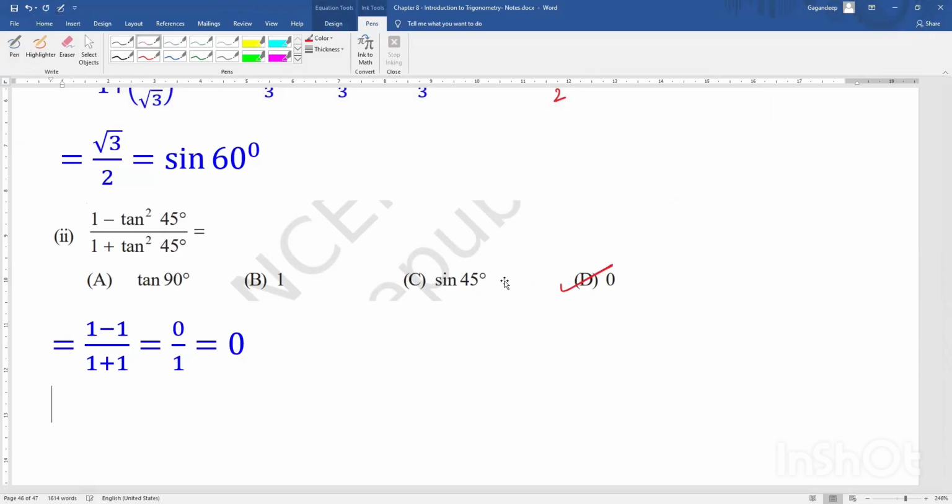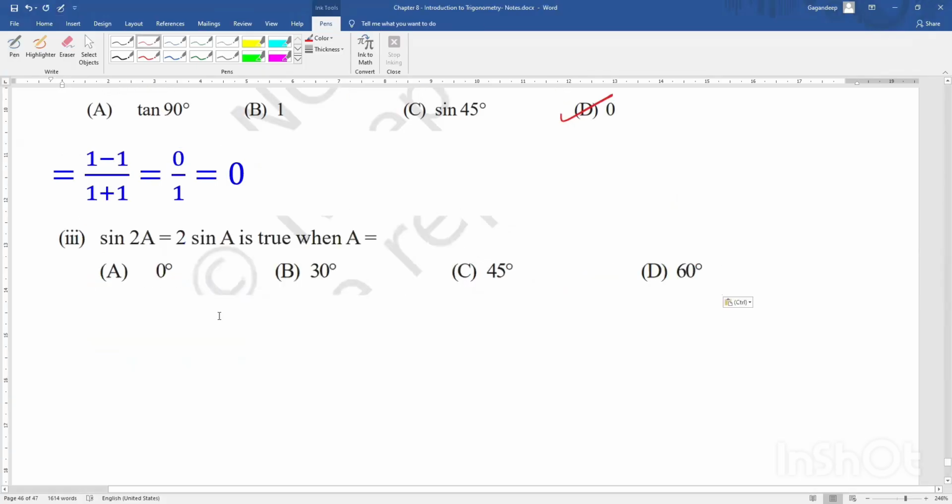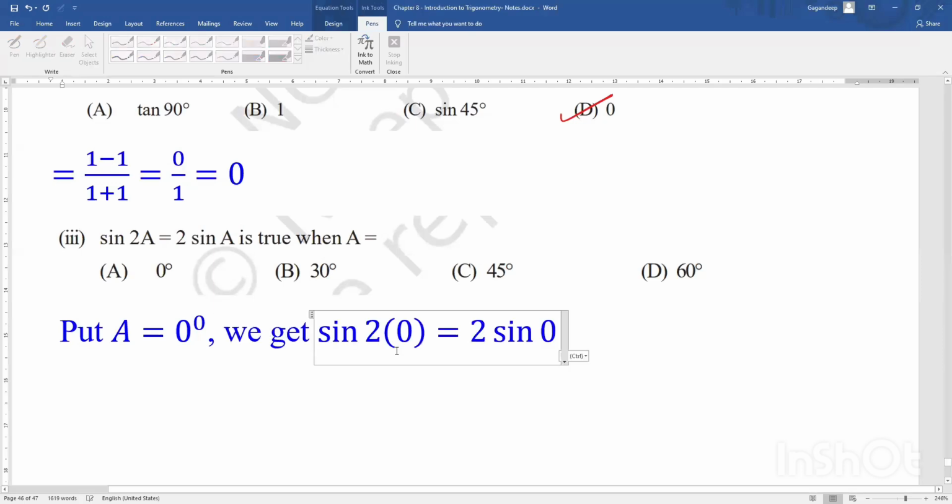Next one we have third question. Sin 2A equals 2 sin A is true when A is... So here I put A is equal to 0 degree, first option. Let us see. So put A equals 0 degree, we get sin 2 into 0 equals 2 sin 0.